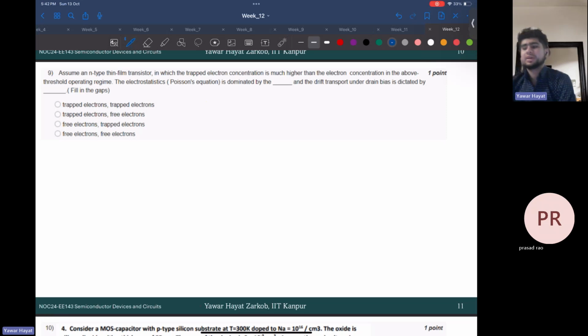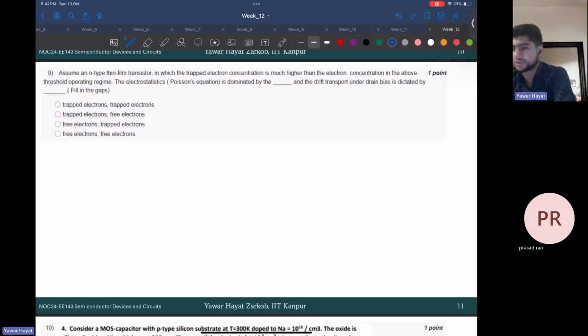Then we have the ninth one. Assume an N-type thin film transistor in which the trapped electron concentration is much higher than the electron concentration in the above threshold operating regime.